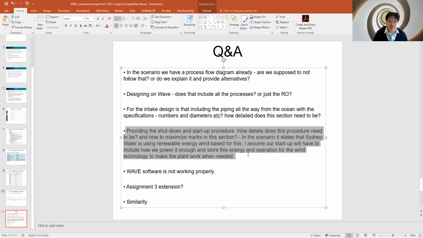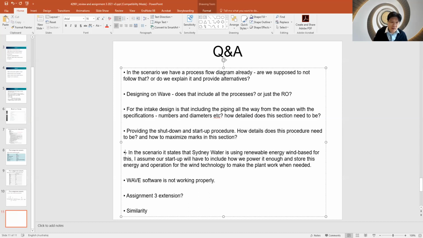Okay, this is a very in-depth question. There are many questions, in fact, so I have to separate them. Let's focus on this question first: how to proceed with the shutdown and startup procedure in detail, and how to maximize marks in this section.